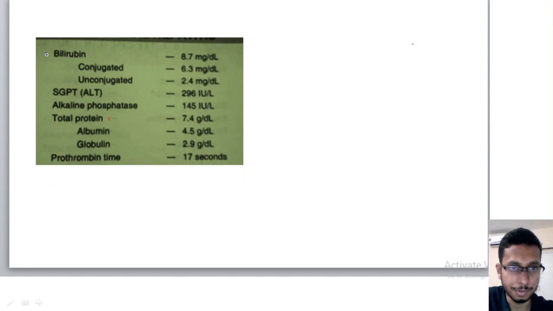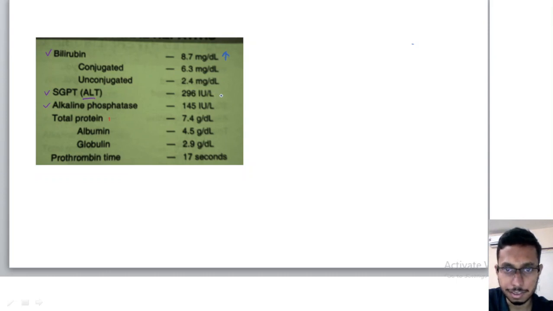We are given the bilirubin value, SGPT value, alkaline phosphatase, total protein with albumin and globulin, and prothrombin time. AST is not given, only SGPT. Now from this, you can find that bilirubin is raised, with the conjugated fraction more than the unconjugated fraction.